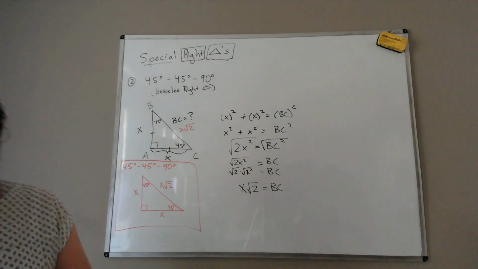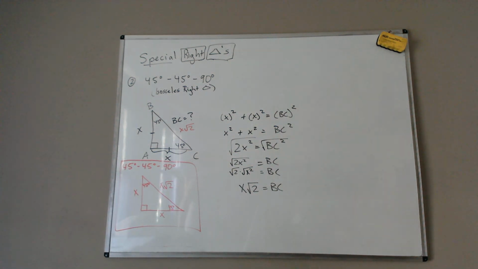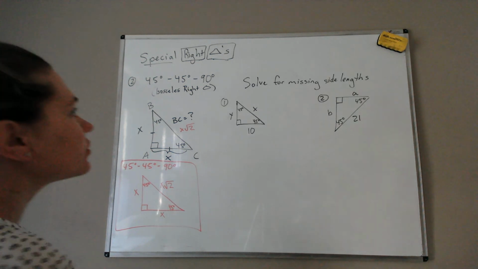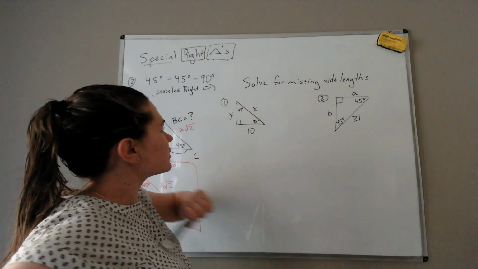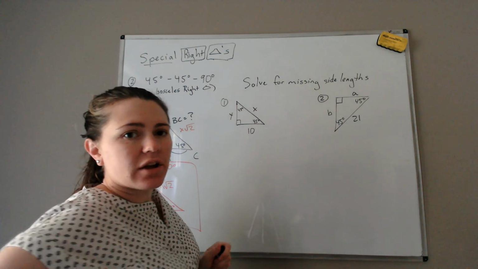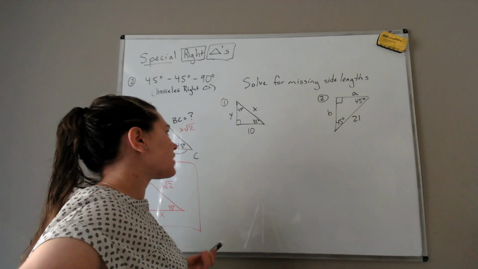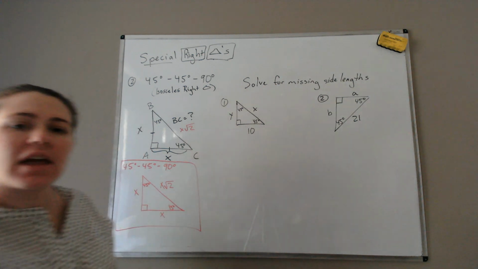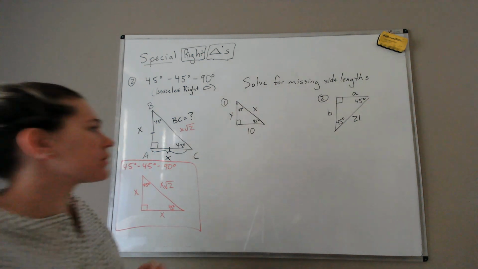Now we'll do a few problems with 45, 45, 90. We have two triangles here. Solve for the missing side lengths. So notice what you have: a right triangle, and it's a special right triangle, 45, 45, 90. You don't have two side lengths, but you have one, and it's opposite 45 degrees.